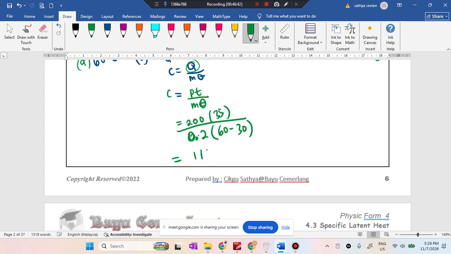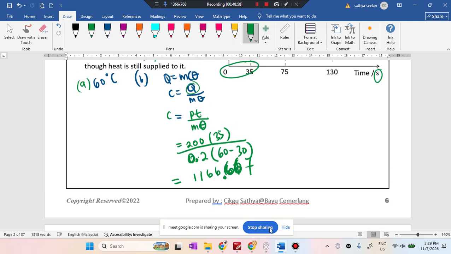Yes, correct. 1166.667. Bagi 3 tempat lagi bagus lah. Okay. Tapi kena bagi unit ini tahu Q ni adalah apa? Joule kan? So Joule. And M tu berapa? kg, tapi kena naik atas. Theta degree Celsius kena naik atas. Simple.